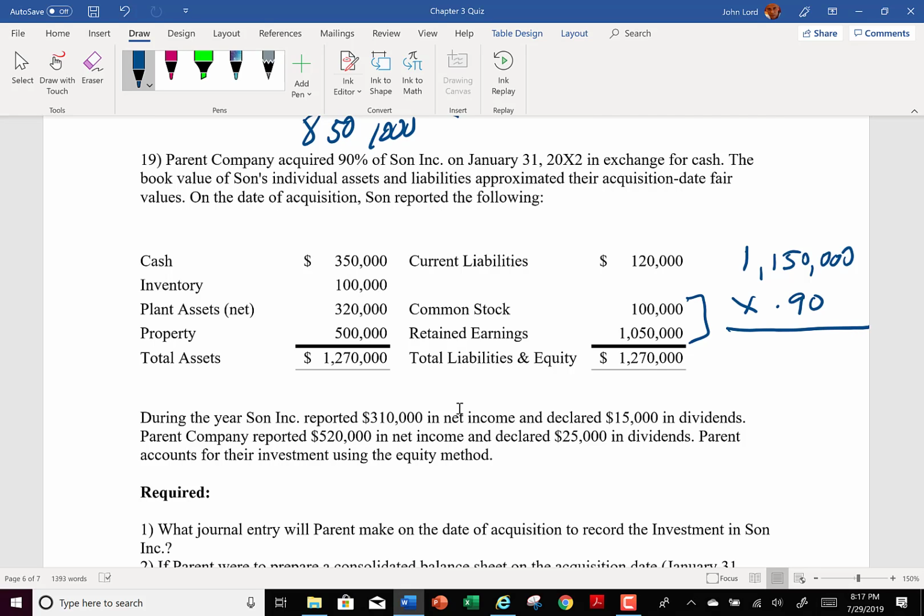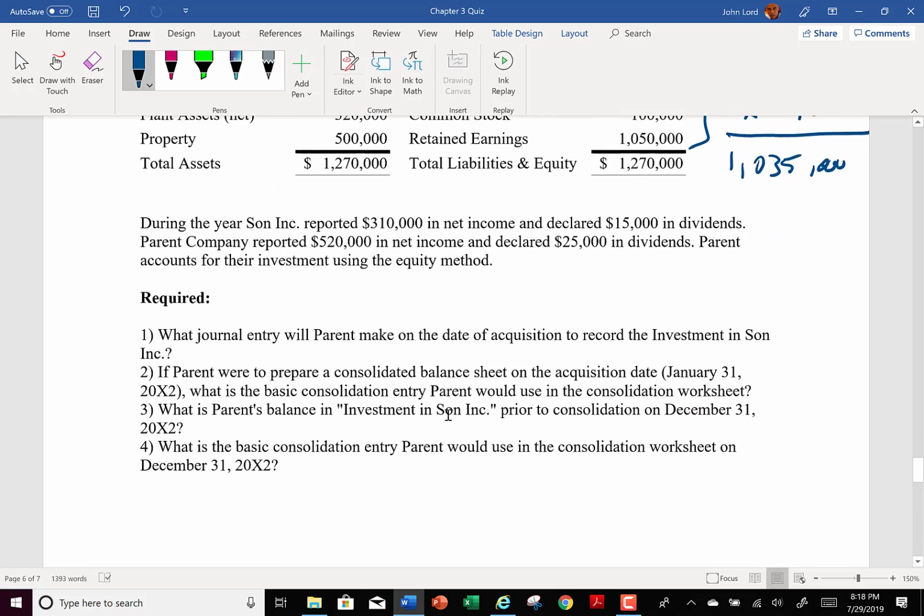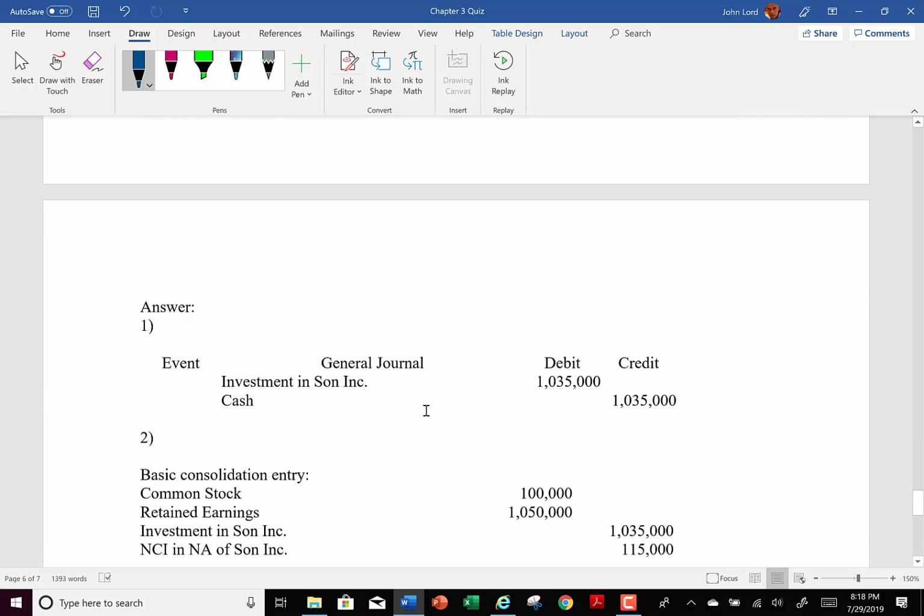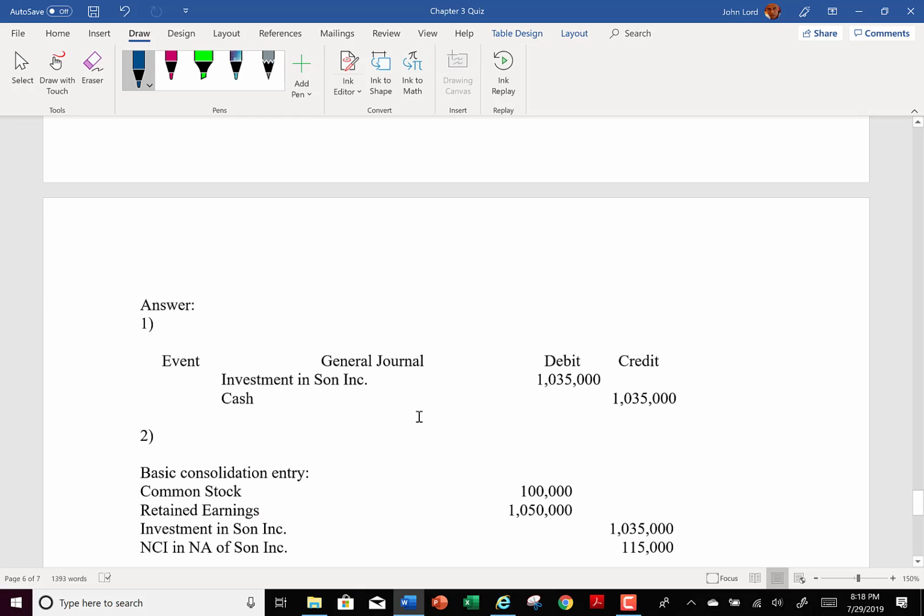So 90% of 1,150,000 comes to 1,035,000. Yes. And so that yields me a journal entry of debit investment 1,035,000, credit cash 1,035,000.